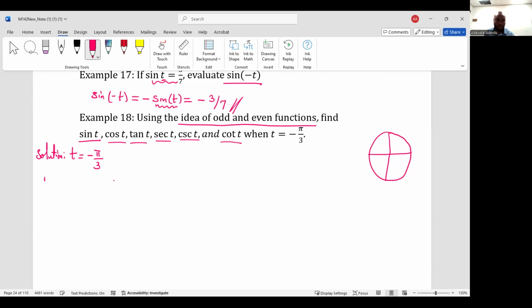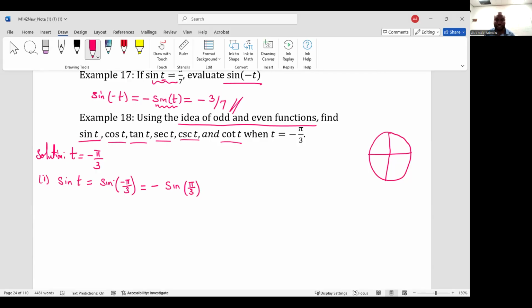So the first one, Roman numeral 1, sine of t. Our t is negative pi over 3. So that is sine of negative pi over 3. Remember, sine is an odd function. So it becomes negative sine of pi over 3.